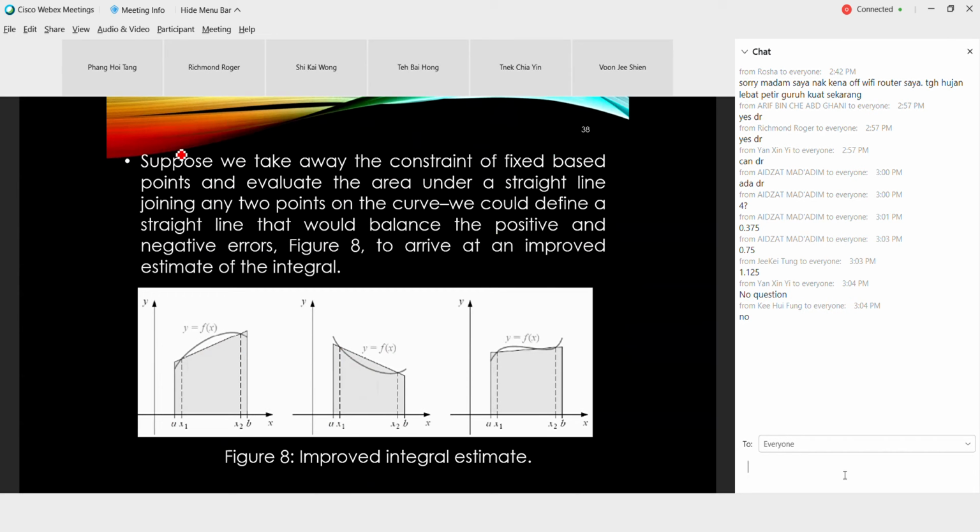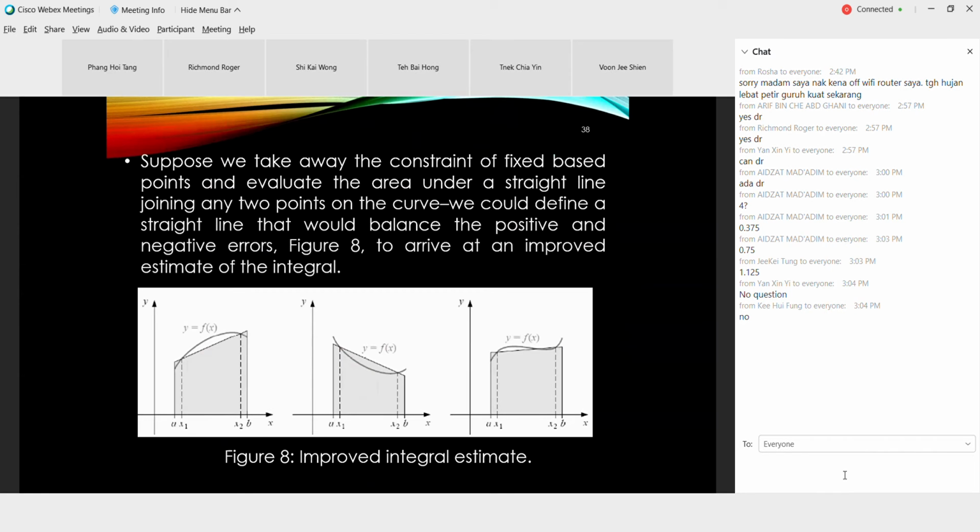Therefore, suppose we take away the constraint of fixed base points and evaluate the area under a straight line joining any two points on the curve. We could define the straight line that would balance the positive and negative error, as in figure 5, to arrive at an improved estimate of the integral.